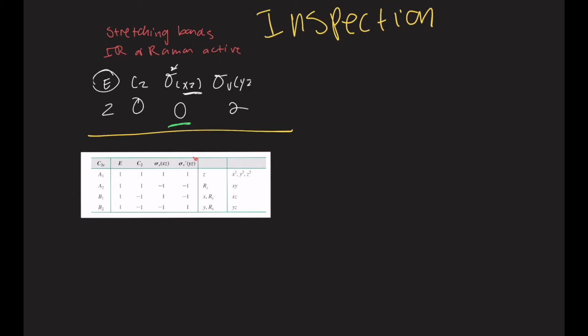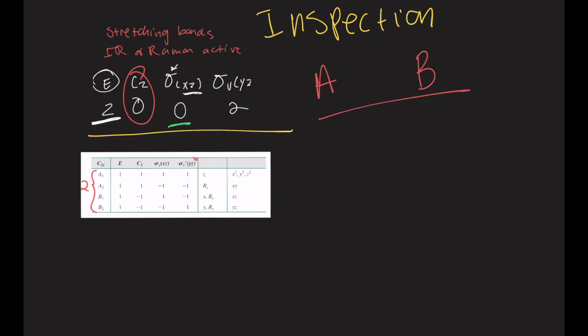We know that we have an identity of 2, which means that we only have 2 of these bands, and because this number right here is 0, we know that's going to be 1A and 1B.